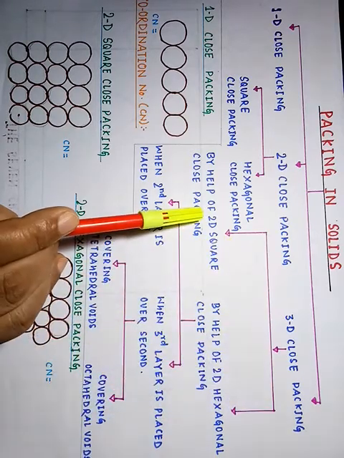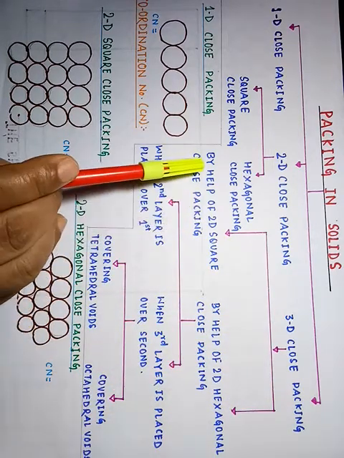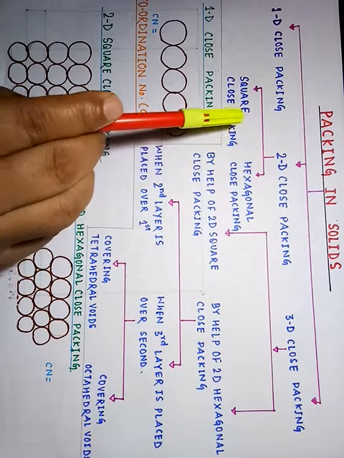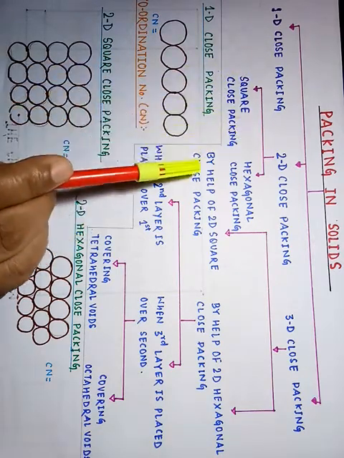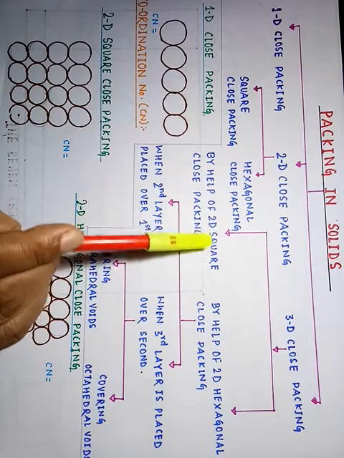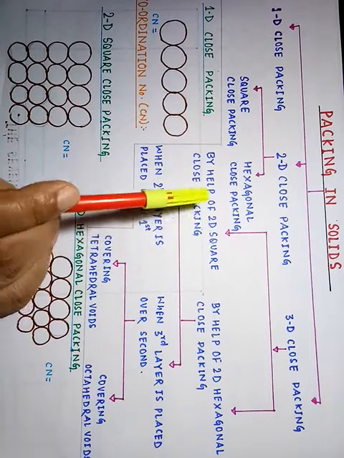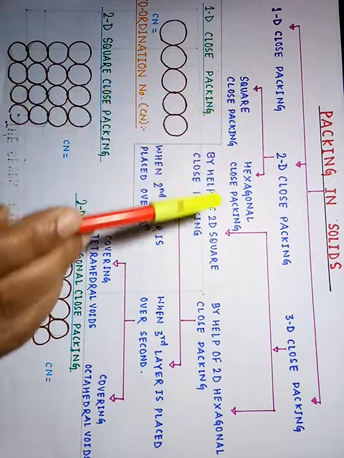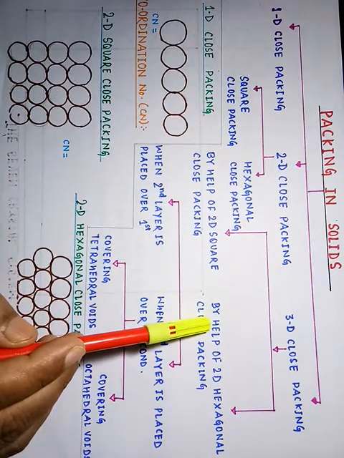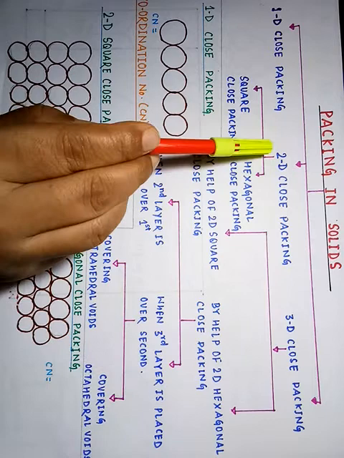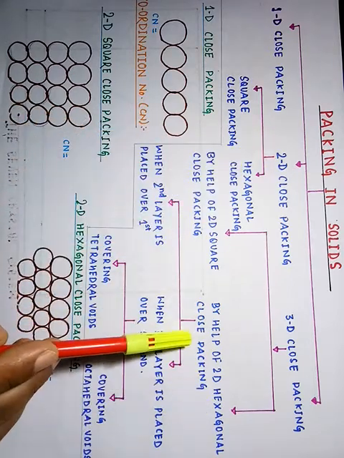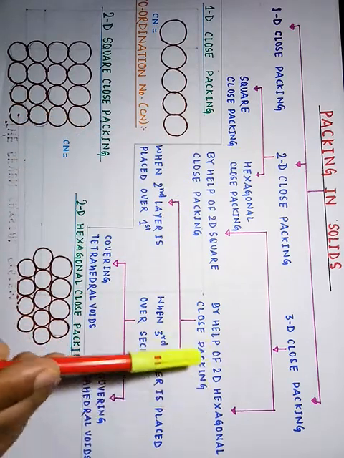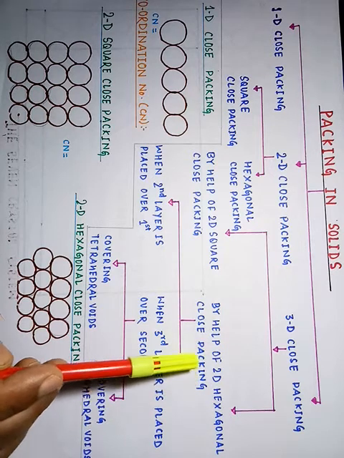The first type is on the basis of square close packing, by help of two-dimensional square close packing, and the second type is by the help of two-dimensional hexagonal close packing.